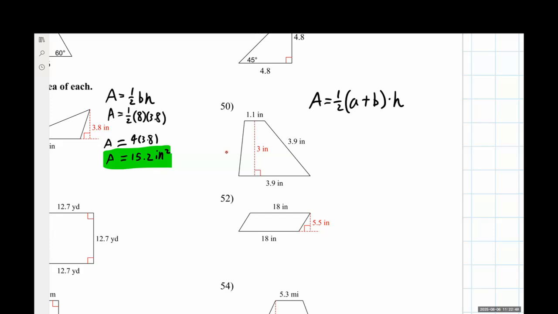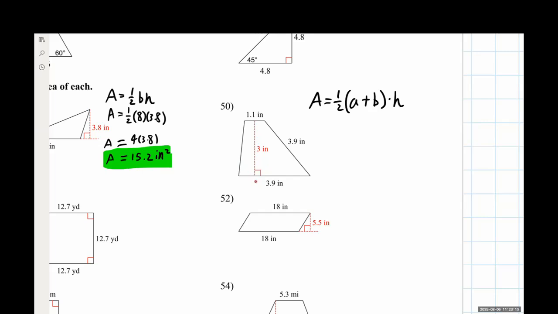So now I'm once again looking for my height and my two bases. Remember, the giveaway with this is to look for where is the right angle. That sits right on the height, and that height touches the two bases that I'm going to be using here. So I'm going to try and do this in pink here to highlight a little bit. I'm seeing there's my right angle.